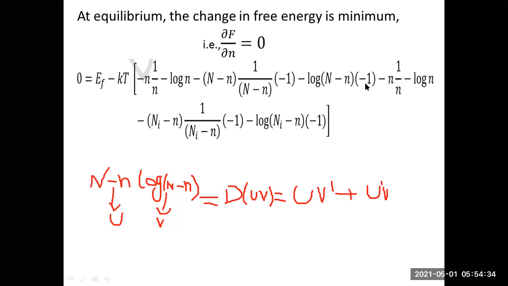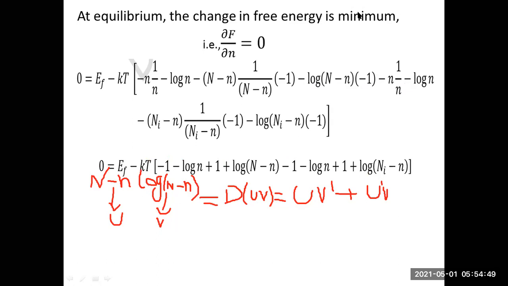Again we have to do differentiation of capital N minus small n with respect to small n, you'll get the value as minus 1. Same thing what we have done in the previous one. So here, when you cancel this part out, you can see.